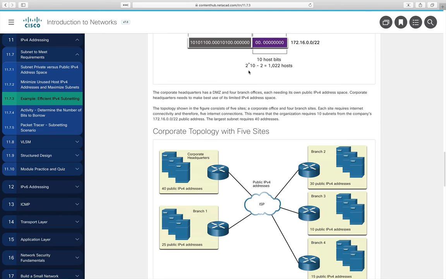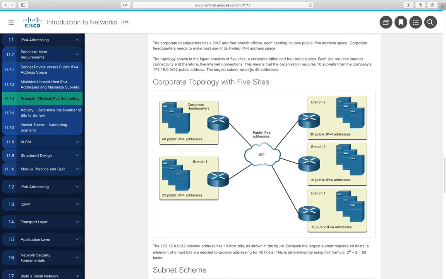What we're going to do is we're going to look at our topology. So here we have a corporate headquarters that needs 40, branch 1 needs 25, branch 2 needs 30, branch 3 needs 10, branch 4 needs 15.